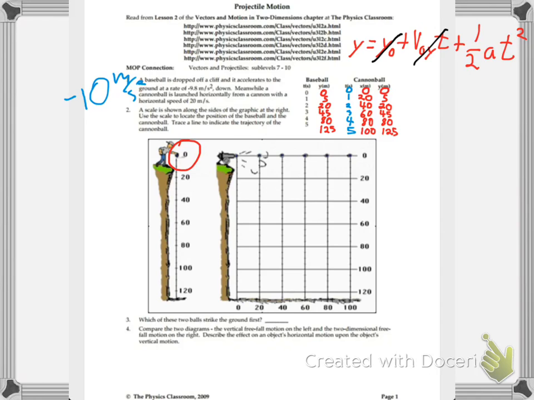So if we draw it, and it's a real rough estimate, just drawing the dots for where it has fallen. And this is put on these diagrams. Now when we're doing the cannonball, we have to keep in mind the x and the y components here.